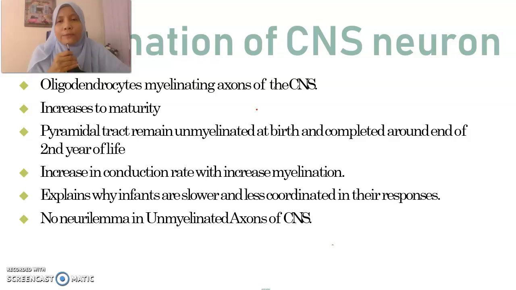Okay, we go to the myelination of CNS neurons. Oligodendrocytes are the main neuroglia that myelinate the axons in the CNS, and it increases to maturity. The pyramidal tract remains unmyelinated at birth and completes around the end of the second year of life.